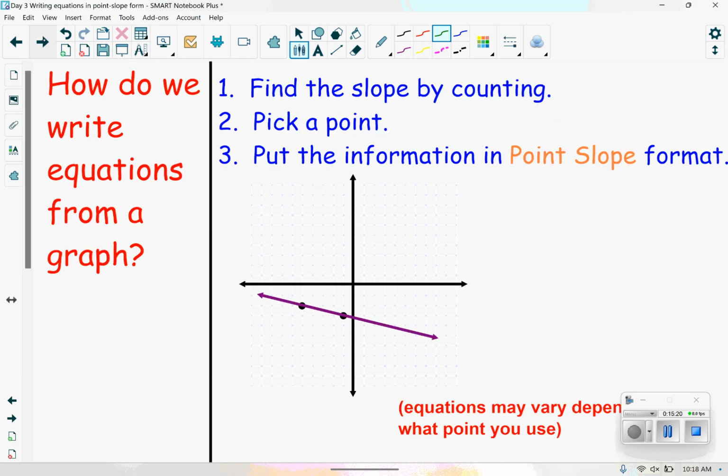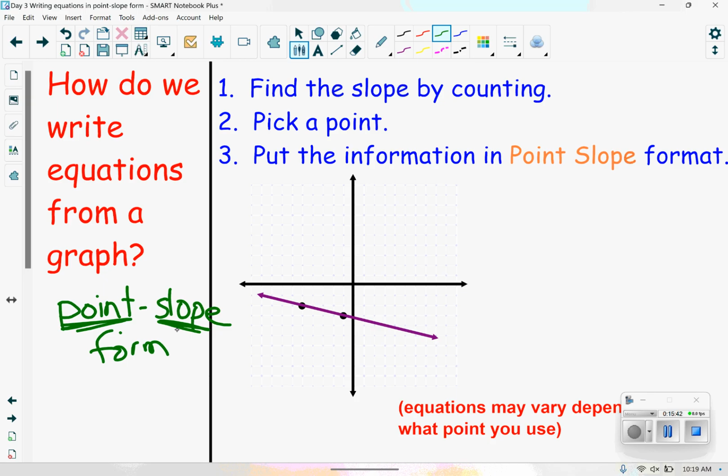All right. Now, what if you're given a graph and asked to write an equation in point slope form? Well, again, it's called point slope form because I need a point and I need a slope. Well, I can get them both from that graph.